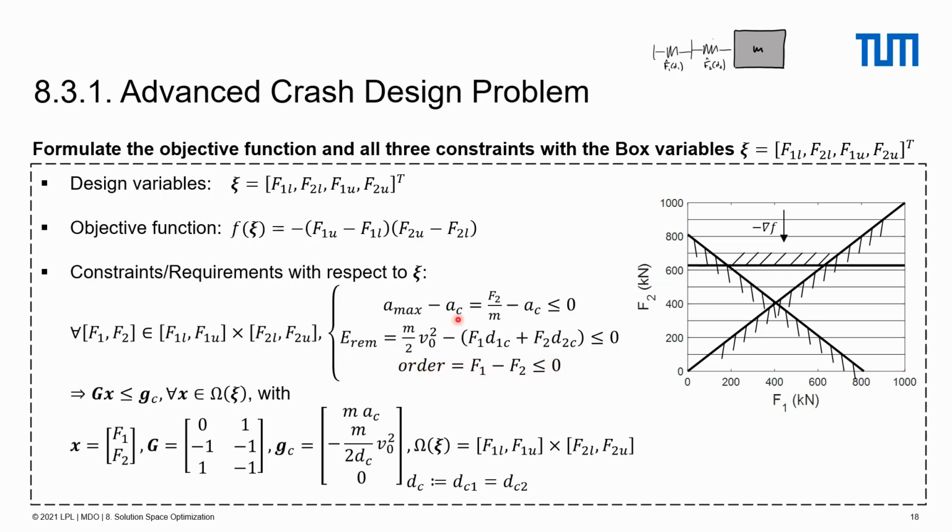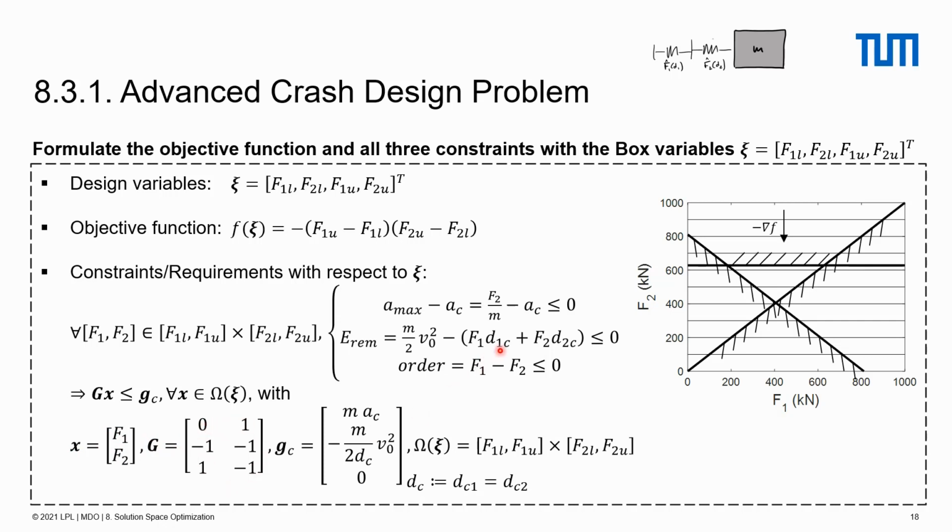And we can rewrite these constraints as a matrix G times X less equal GC for all designs X in the design space determined by C. And X, the design variables, is F1, F2, and G is like this.